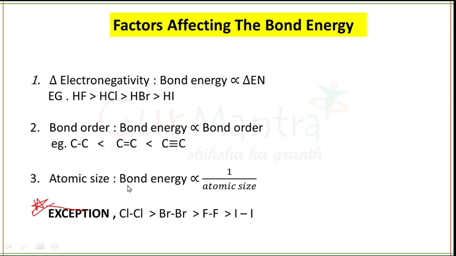Third is atomic size. As the size of the atom increases, bond energy will decrease, because bond energy shows an inverse relationship with atomic size. And the exception to this atomic size trend is this.